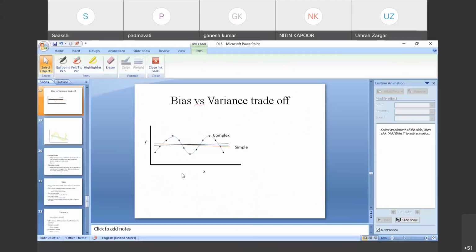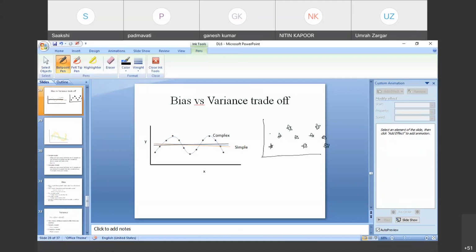Let me take an example; this may not be clearly visible. Now, based on these many points, I try to train the model, my simple model again.